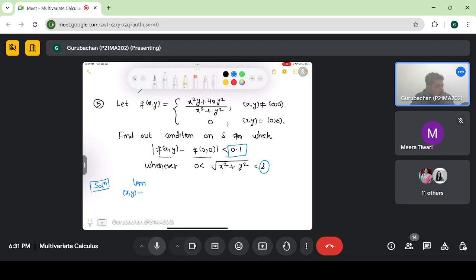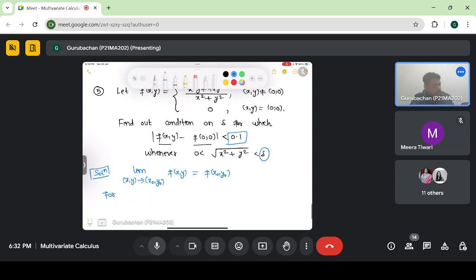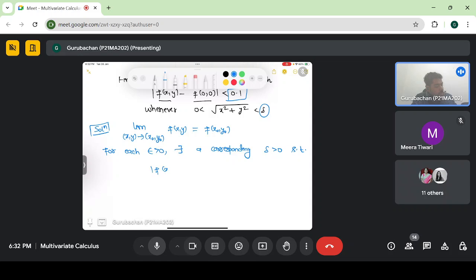Let (x,y) tend to some (x naught, y naught). We know that the function is continuous at (x naught, y naught). Then what would be the definition? For each epsilon greater than 0, there exists a corresponding delta greater than 0 such that |f(x,y) minus f(x naught, y naught)| is less than epsilon whenever 0 is less than the square root of (x minus x naught) square plus (y minus y naught) square, which is less than delta.